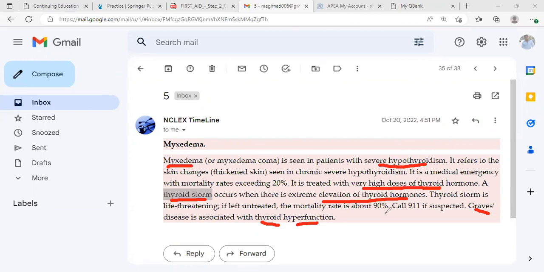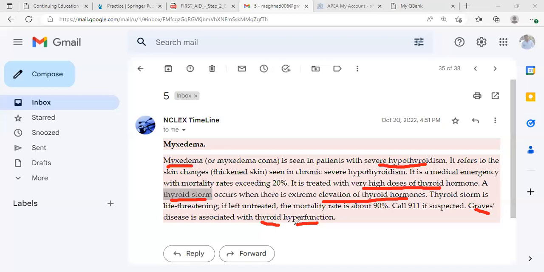If a patient has hyperthyroidism or elevated thyroid hormone, they have a complication called thyroid storm. And we need to call 911. And Graves' disease is associated with thyroid hyperfunction or hyperthyroidism.